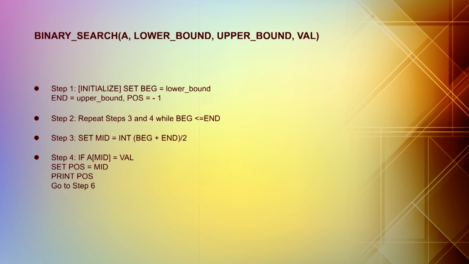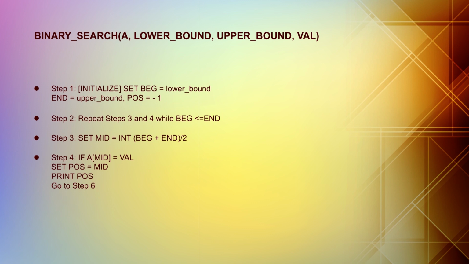In step 4, we apply a condition: if A of mid equals value, set position equal to mid, print the position or location, and go to step 6. Otherwise, if A of mid is greater than value, set end equal to mid minus 1, else set beginning equal to mid plus 1.